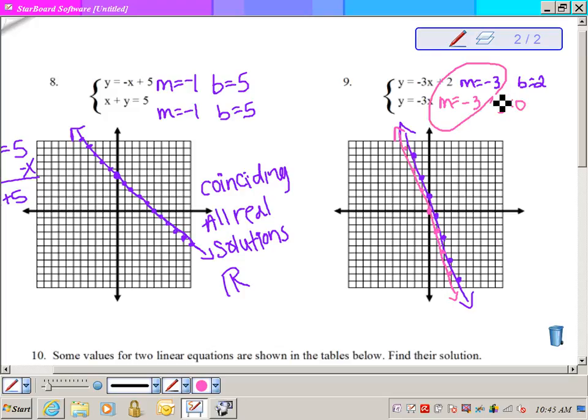Their slopes are both -3, so I want you to put a little note: same slope. If they're the same slope, we know they're parallel. Well, they have to have the same slope and different y-intercepts. Okay, but we have two different lines. So how many solutions? 0 solutions. So this one's going to have no solutions.